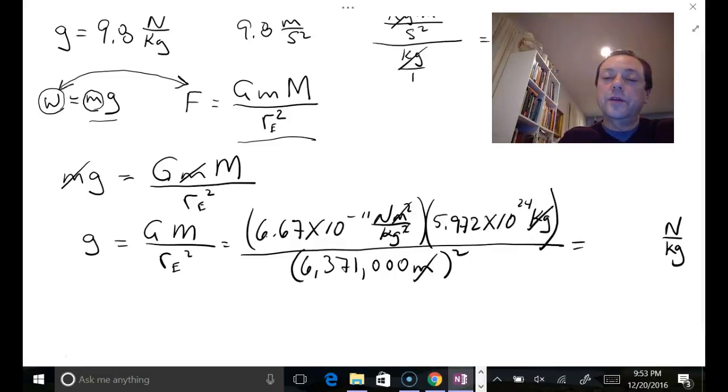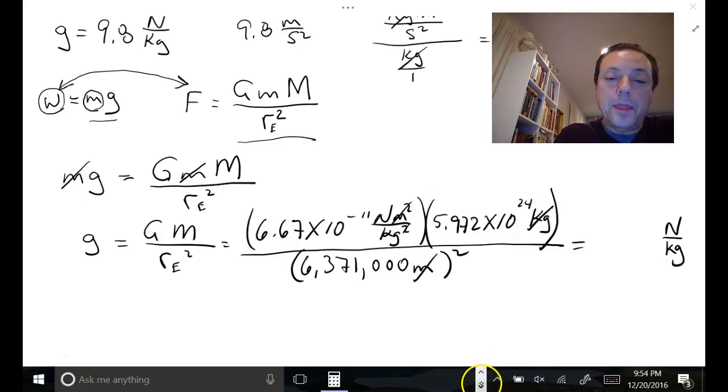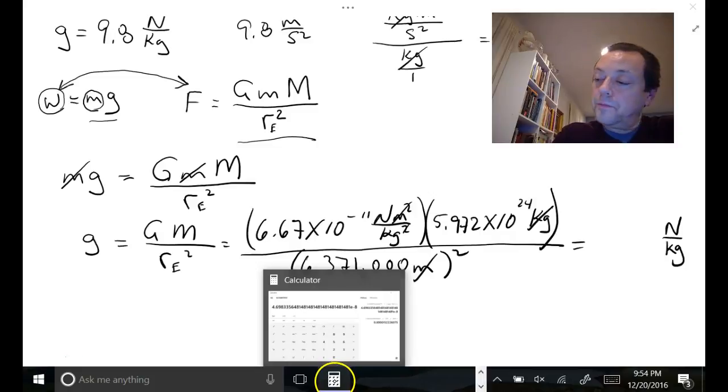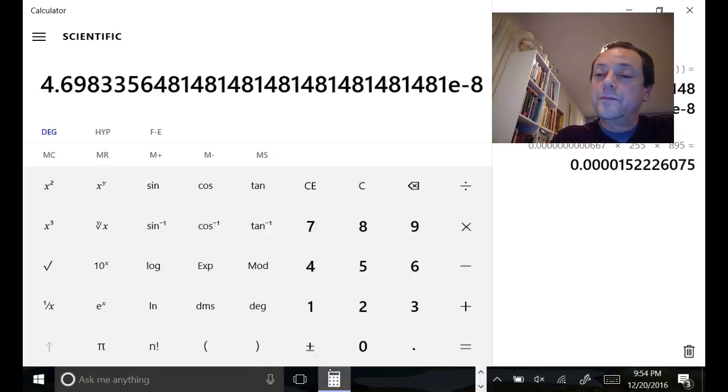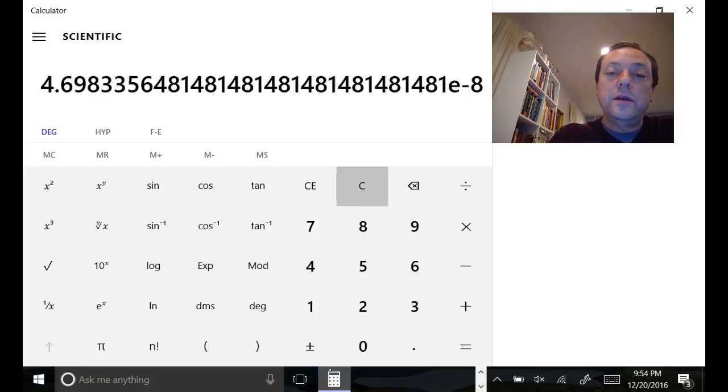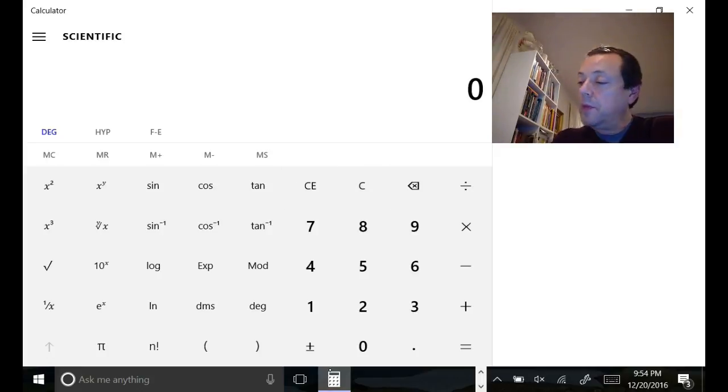We'll do it on the calculator. If this was all in scientific notation, I would estimate. So let's see what we got here. Let me get rid of that from the previous problem.